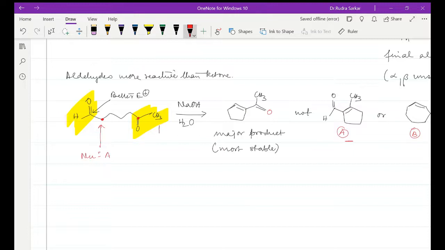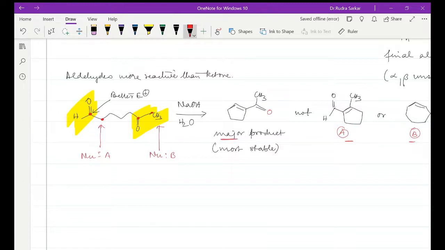Now, if we react this particular carbon, that is this one, where a negative charge is created and that reacts with this carbon, then the product B is formed. But which one is the major?